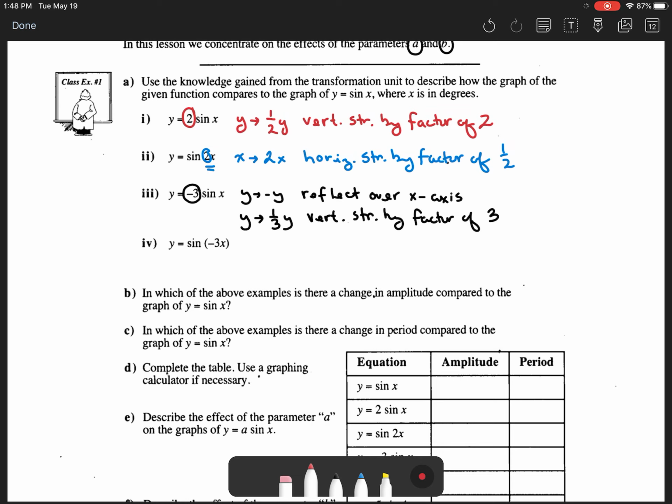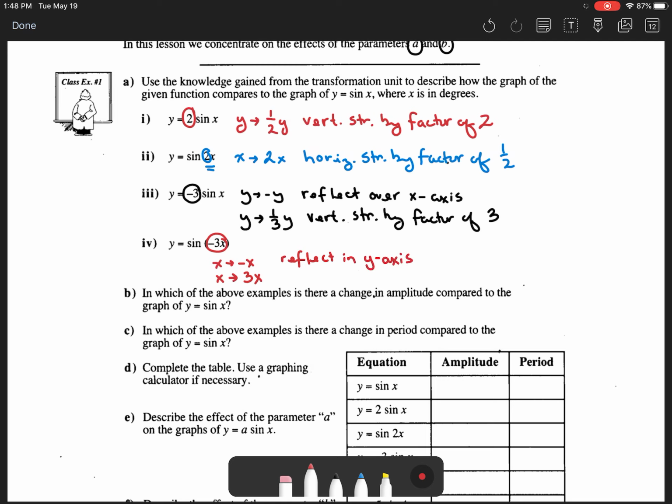A similar situation down here in the fourth one. Two replacements here. You would have replaced x with -x, and you would have also had to replace x with 3x. When I replace x with -x, this time it will be a reflection in, on, or over the y-axis.